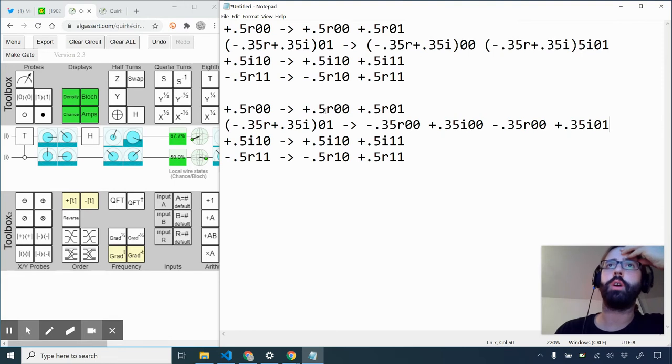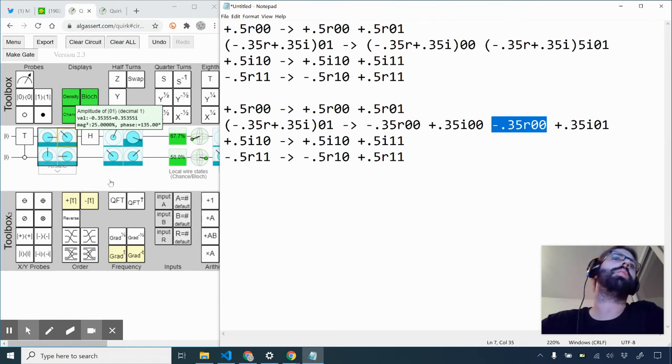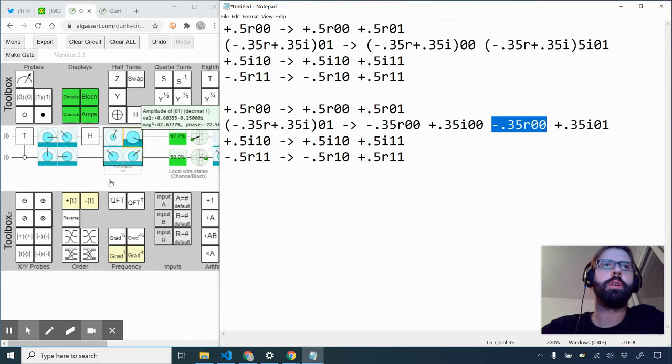Because now we've got this element and this element, and they are partially canceling out. And if you pay attention, it's everything attacking the 0, 0. So the intuition here, there's definitely something interesting: it seems that the elements that don't have purely complex or purely real components are the ones that suffer.